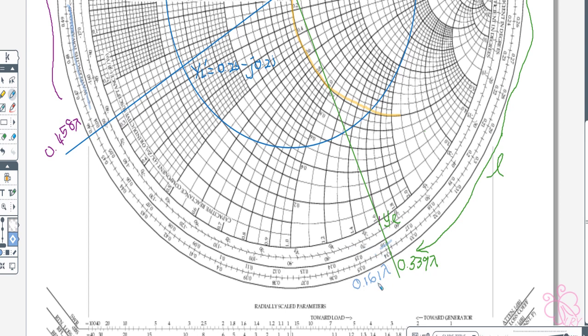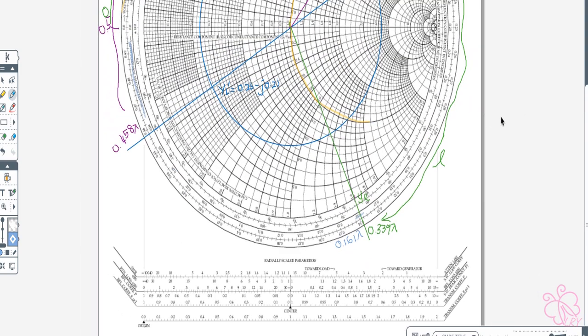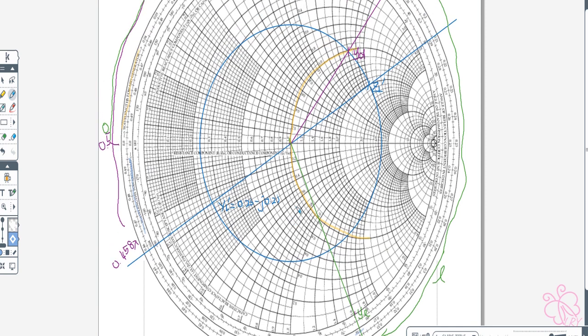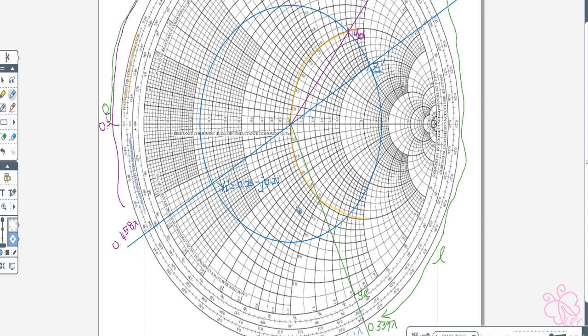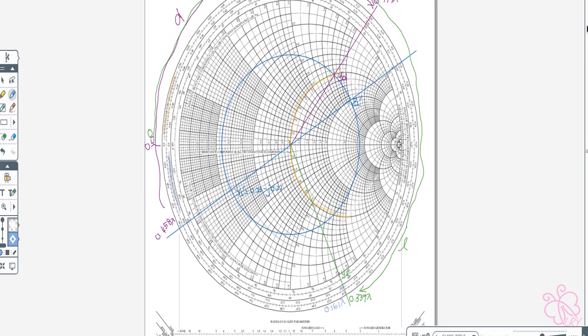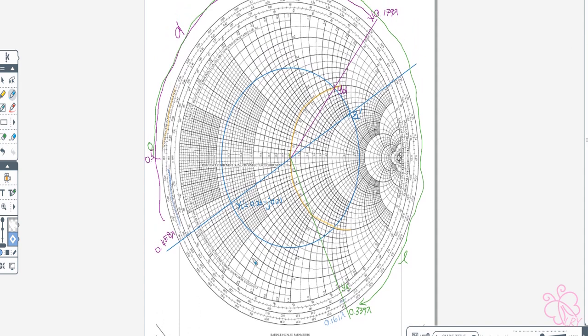Okay, 0.161 lambda. So moving towards the load, our open circuit is still at the same position here, but our direction of moving will be anticlockwise.